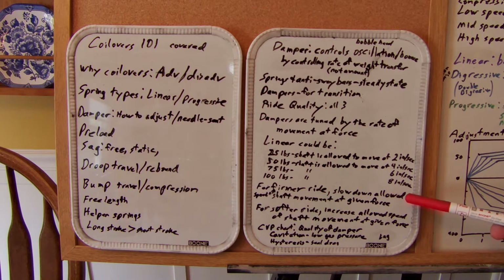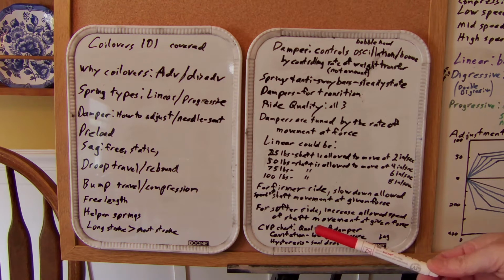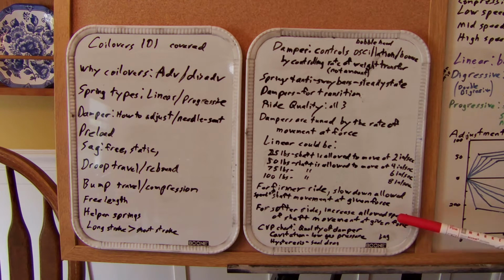So if slowing it down makes a firmer ride, well, to make it softer, you could increase that speed. So instead of 2 inches a second for 25 pounds of weight, you can make it 4 inches a second, and that will compress much quicker. It'll allow the wheels to move up and down much faster.